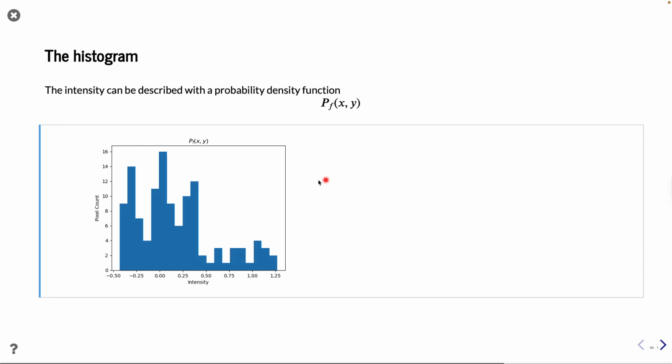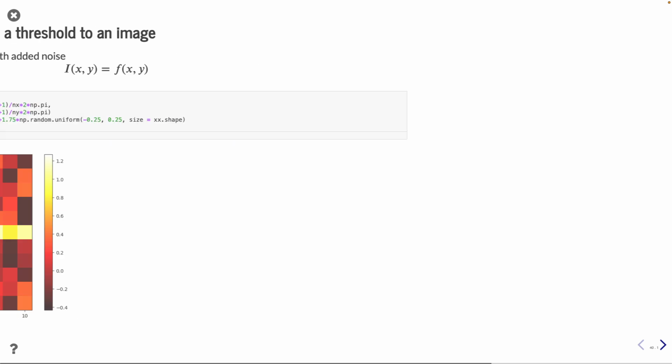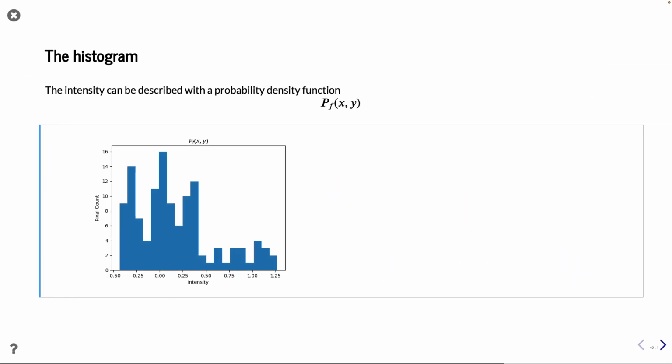So you can already see that there is a big cluster of the histogram here, and the smaller cluster is here. And from that, we can already start making some conclusions that probably the part in the high intensity is probably the cross. So that gives us already an indication where to put a threshold.